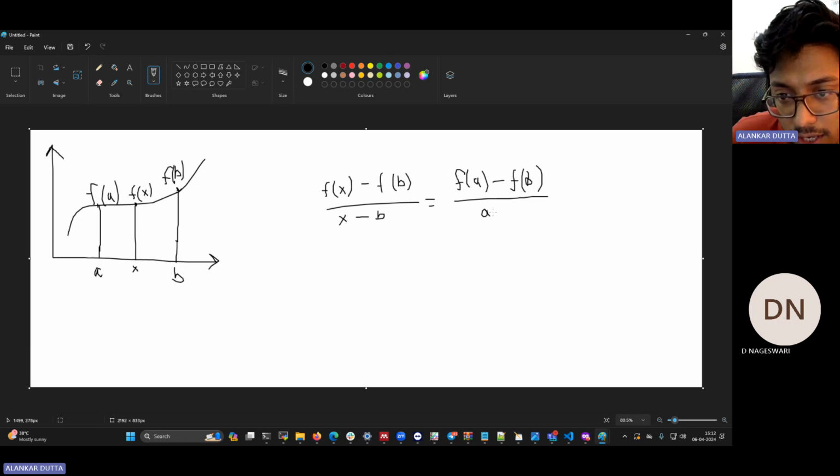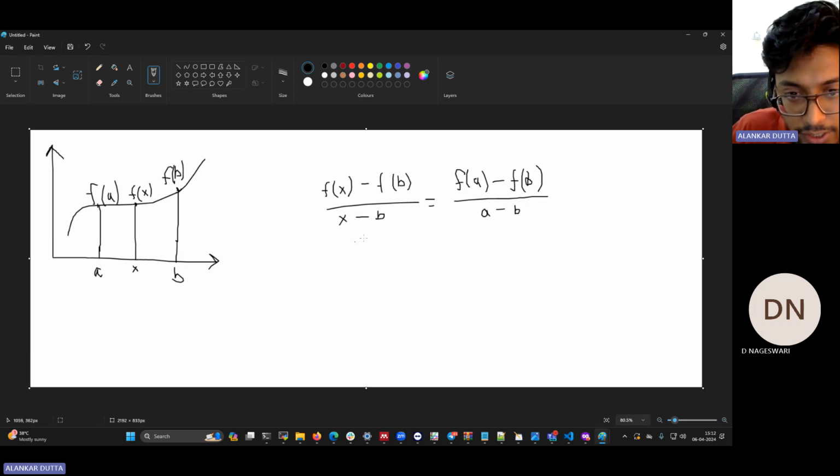So for any arbitrary point, the slope, which is f(x) minus f(B) over x minus B, must equal the slope defined using the 2 points where the value of the function is known. Right, so this is the way Lagrange interpolation would work.